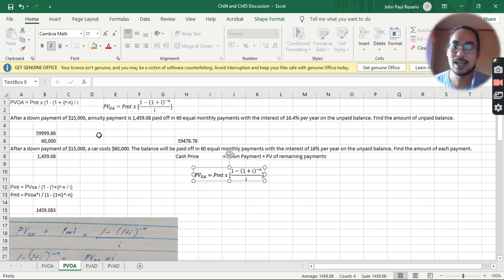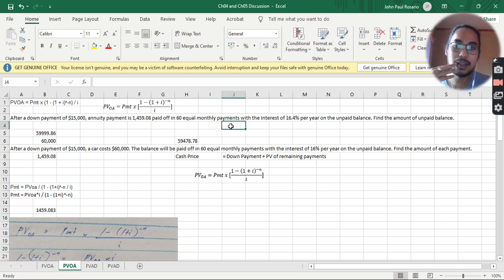So in this case, after a down payment of 15,000, the annuity payment is 1,459.08, paid off in 60 equal monthly payments with the interest of 16% per year on the unpaid balance. Find the amount of unpaid balance.